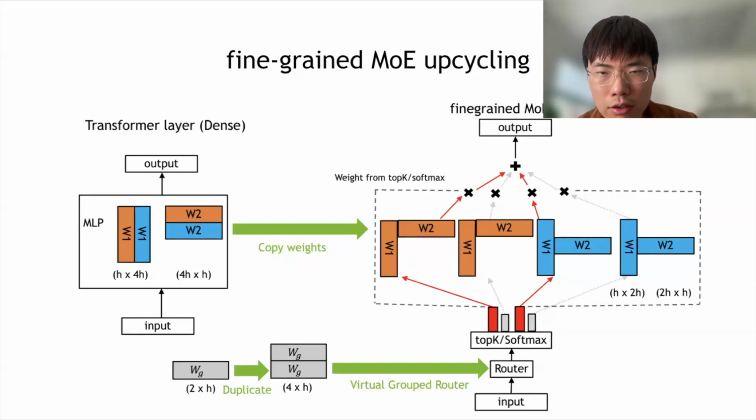When you take the top two, there are always two probabilities that are the same from the two virtual groups, and in this case, you would always pick one expert from each group.